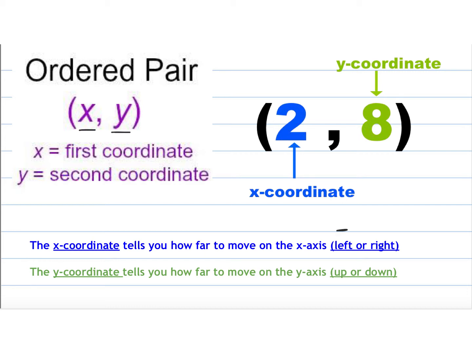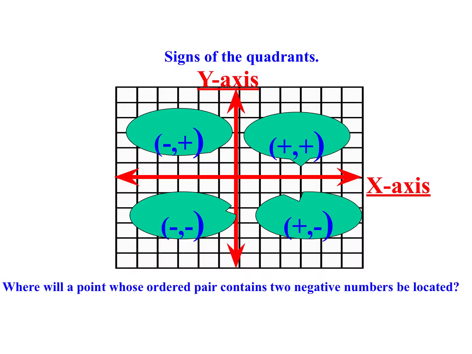If the number is negative, we go to the left. If it's positive, we go to the right. The y-coordinate, the second number, tells us how to move on the y-axis, so either moving up or down. If it's a positive number, we move up, and if it's a negative number, we move down. So just thinking about those integers and what we know about them, helping us determine right, left, up, down.